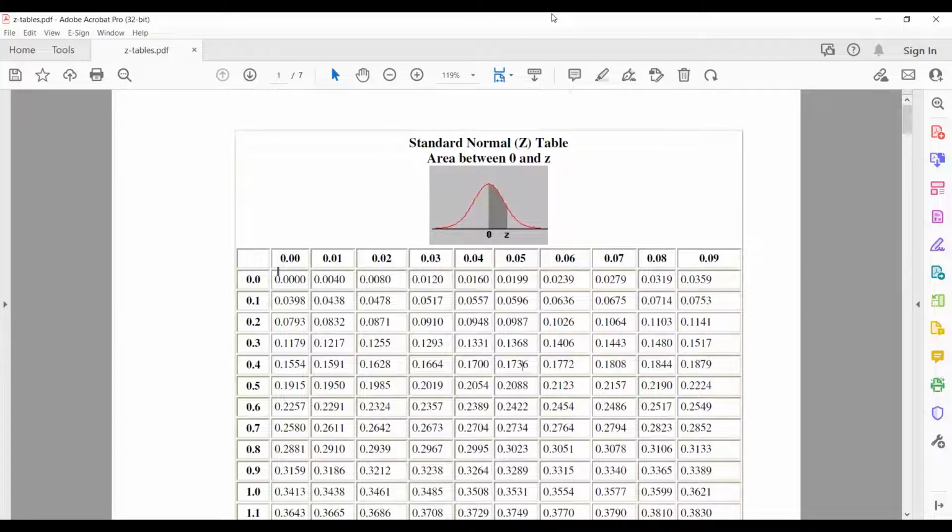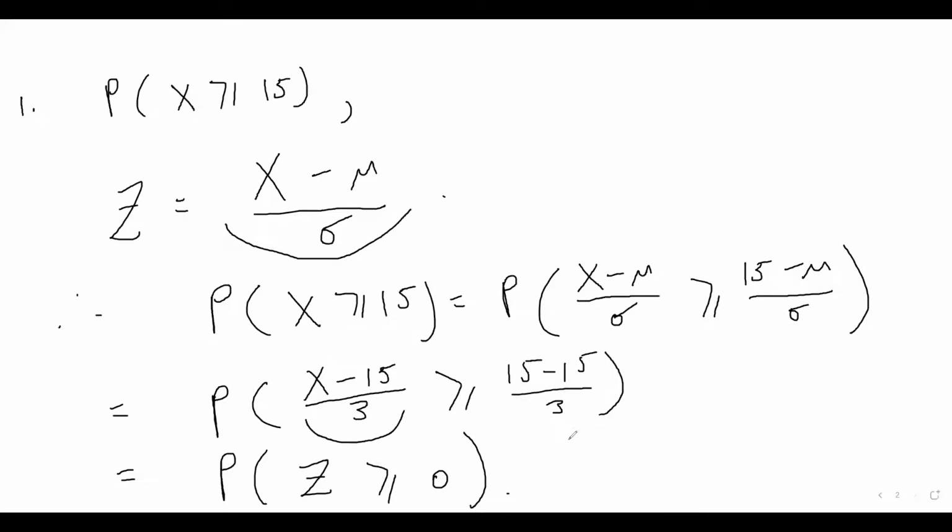Now, let's go back to the whiteboard. We've seen on the table that the area that we're looking for, which gives us the probability that z is at least 0, is equal to 0.5 minus 0.